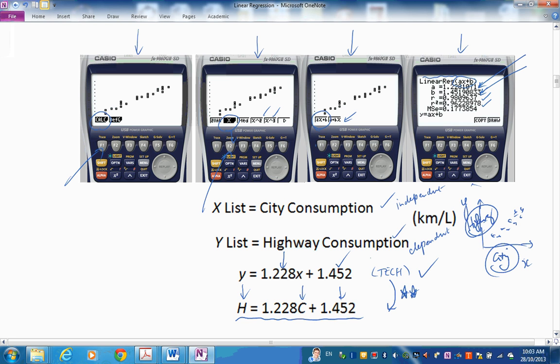Now, do you believe that that is a reasonable predictor? So really, mathematically, this line should be Y hat equals 1.228 X plus 1.452. So this is the model. This is the predicted y for that set of x values.